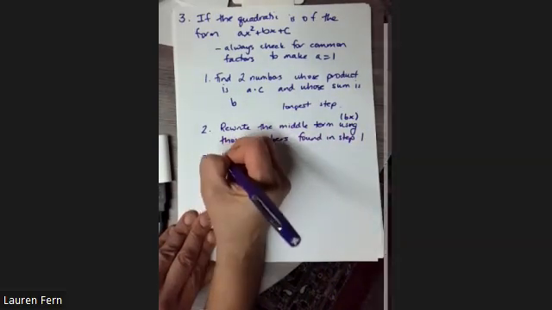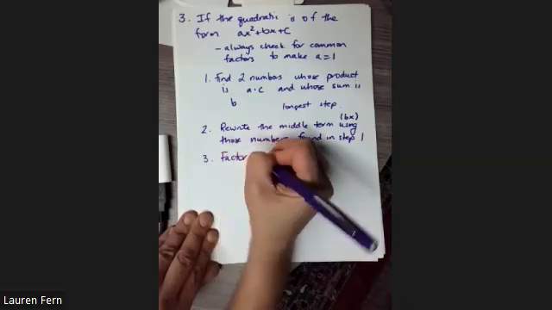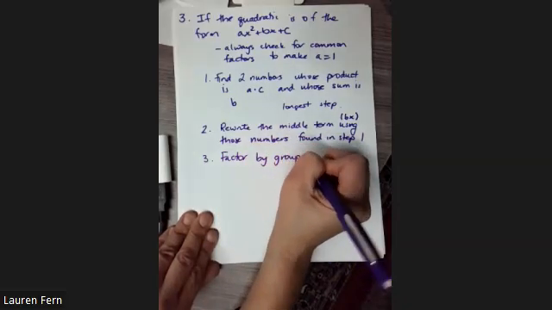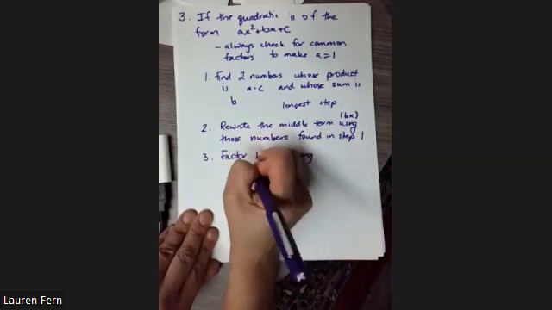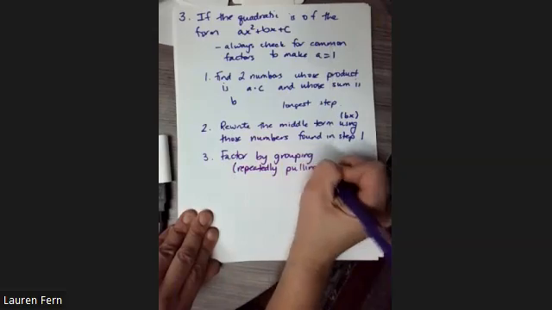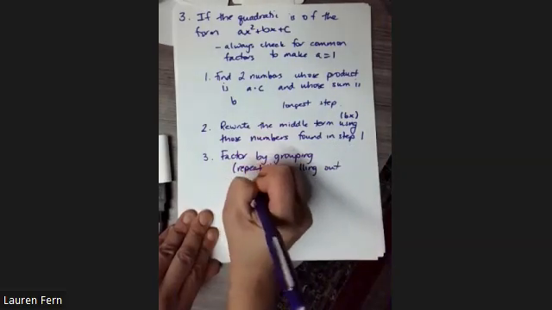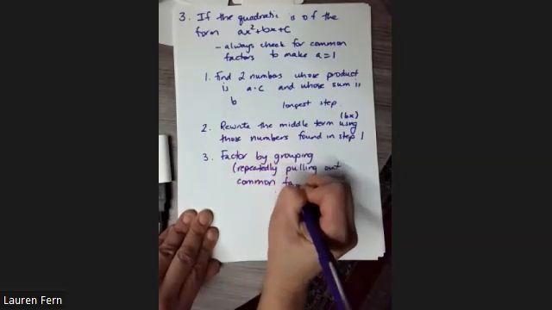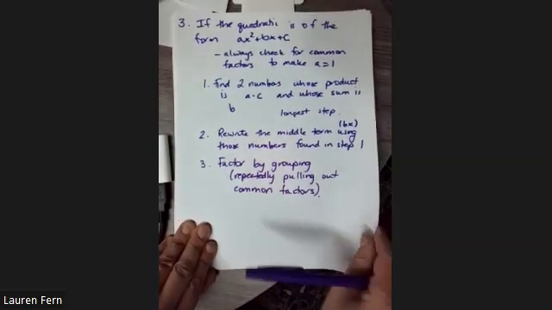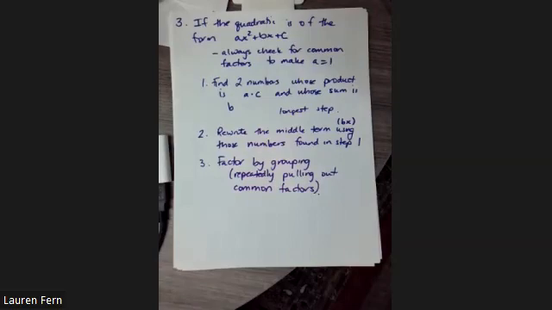And then what you're going to do is do something called factor by grouping. And that is just repeatedly pulling out common factors. Okay, lots and lots of words. Let's do several examples.